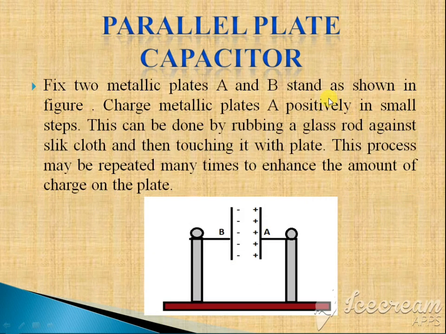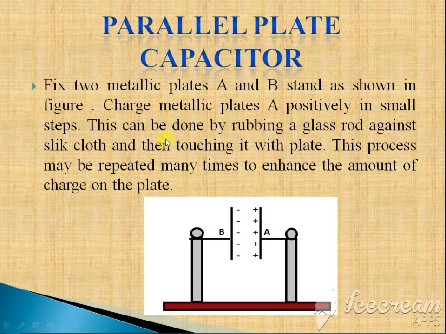Parallel plate capacitor. Fix two metallic plates A and B on stands as shown in the figure. You can see in the diagram. Charge the metallic plate A positively in small steps. This can be done by rubbing a glass rod against a silk cloth and then touching it with the plate.